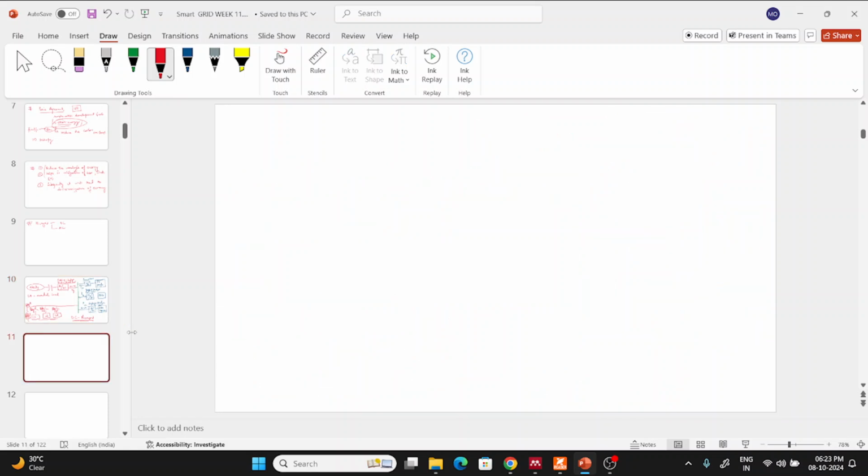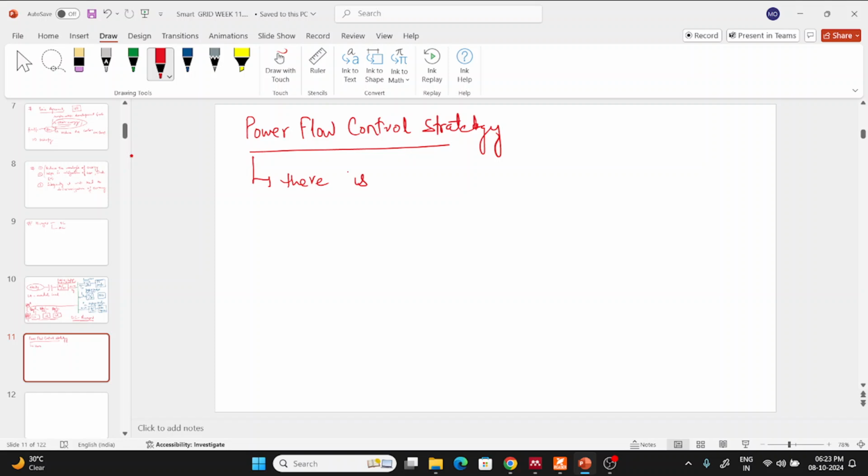Now a power flow control strategy is placed. What is this power control strategy? In this strategy, there is a reference current value.